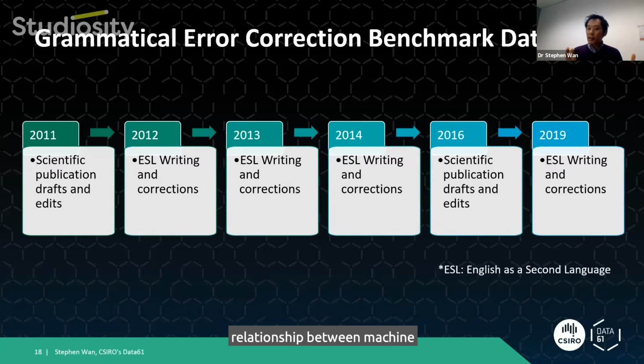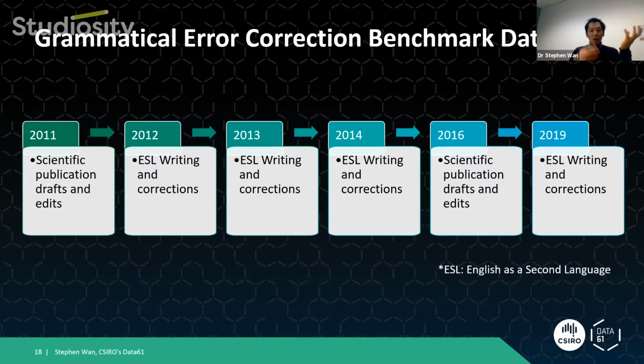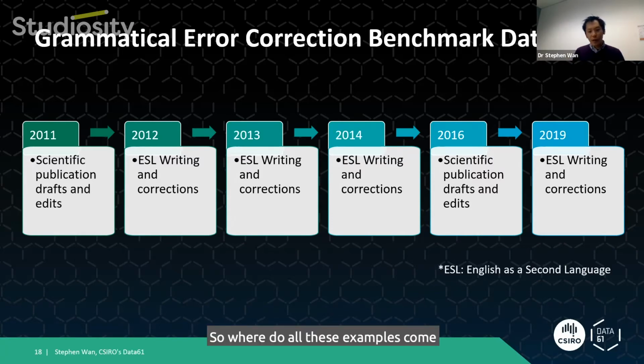And recognizing that there's a relationship between machine translation and grammatical error correction, over the last 10 years, this community has been preparing a number of data sets that capture this before and after transformation, pairing an incorrect sentence with a corrected one.